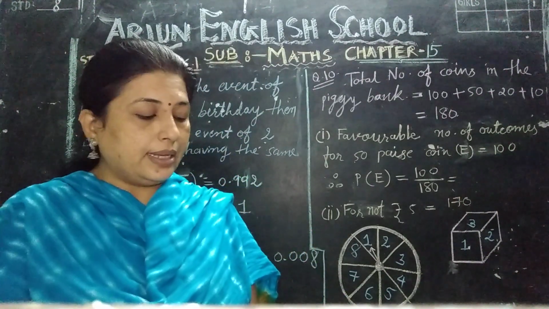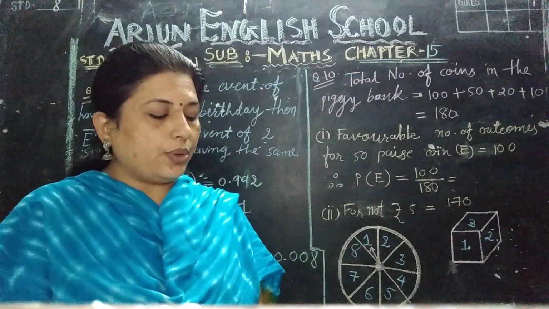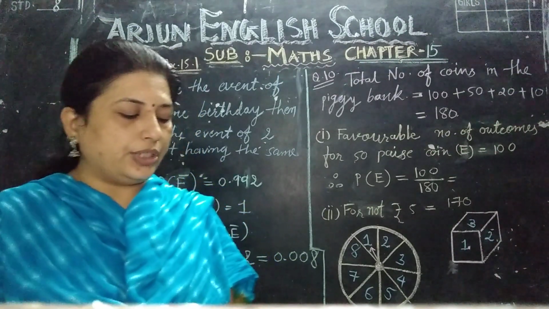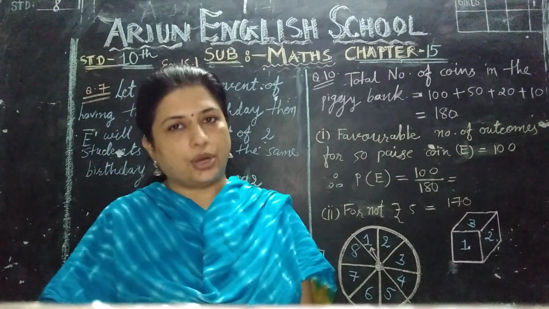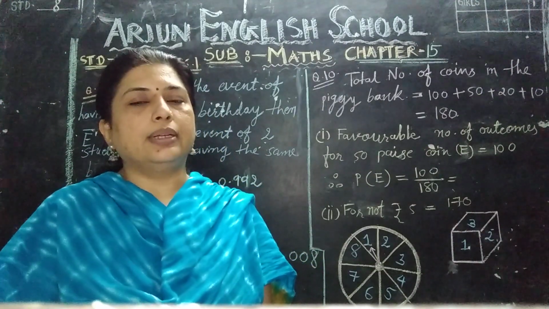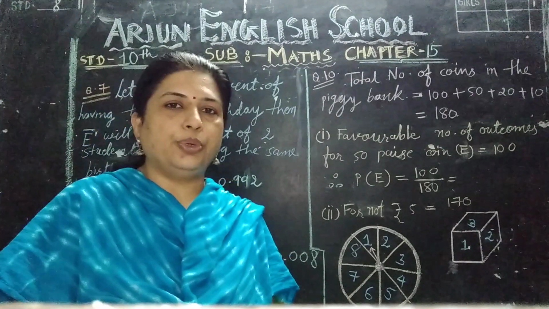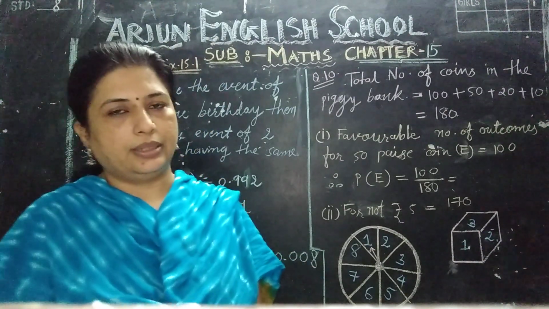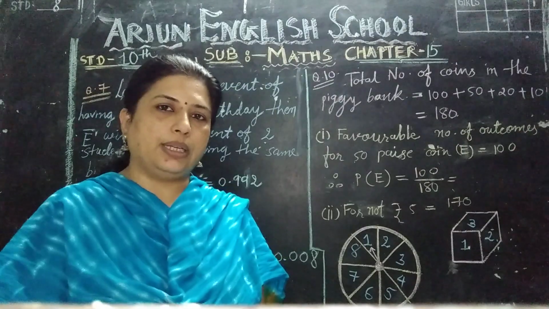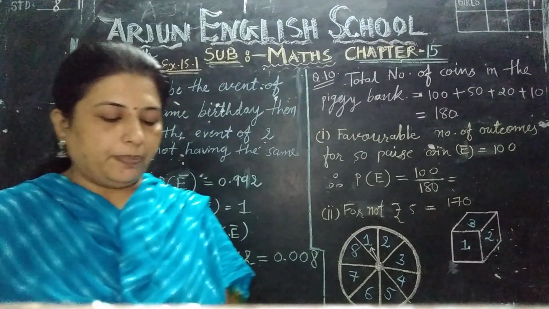Third question is, a trial is made to answer a true-false question. The answer is right or wrong. You have done this always, that either or, you put right or wrong. But it may be right or it may be wrong.